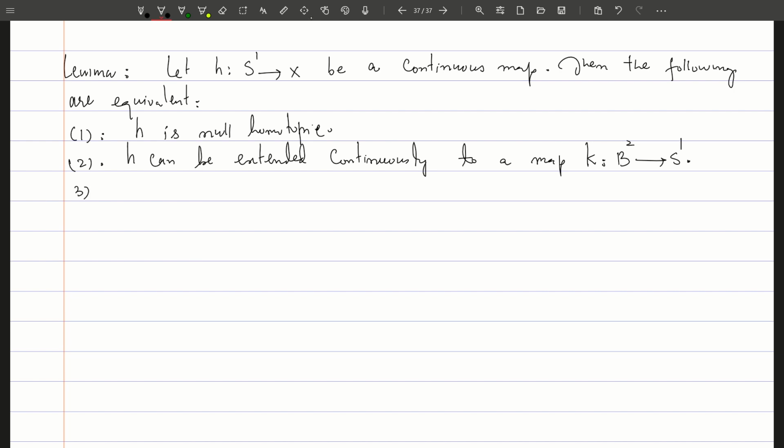And finally, the third item is: the induced homomorphism H star is a trivial homomorphism of fundamental groups.